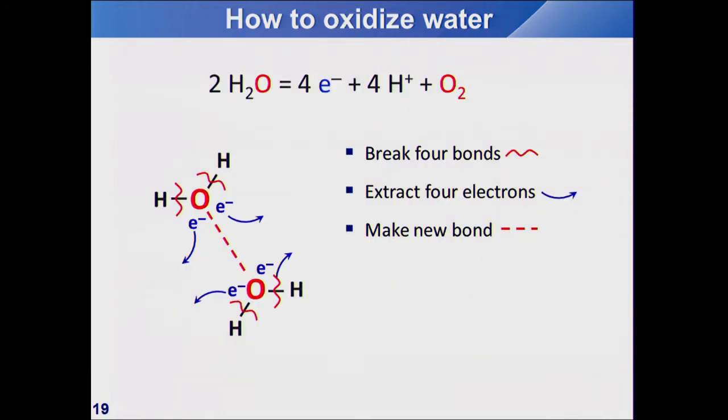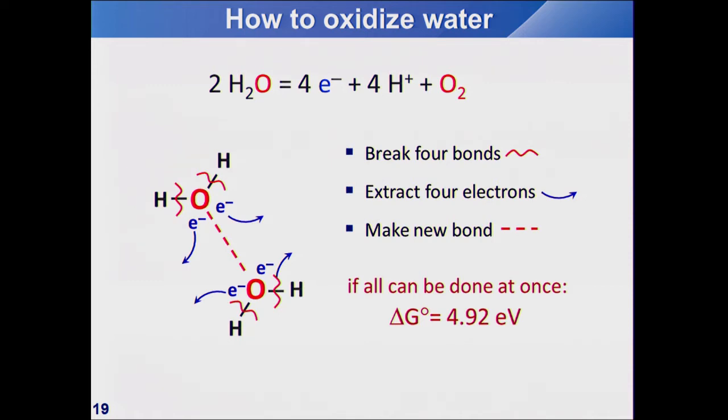The water oxidation reaction might look fairly simple, but in reality it is complicated because we have to do several things. We have to break 4 bonds, extract 4 electrons from 2 water molecules, and make a new bond. And if we do all of this simultaneously at once, which I should say is nearly impossible, we still have to use some energy, because as I mentioned before, photosynthesis requires energy input.